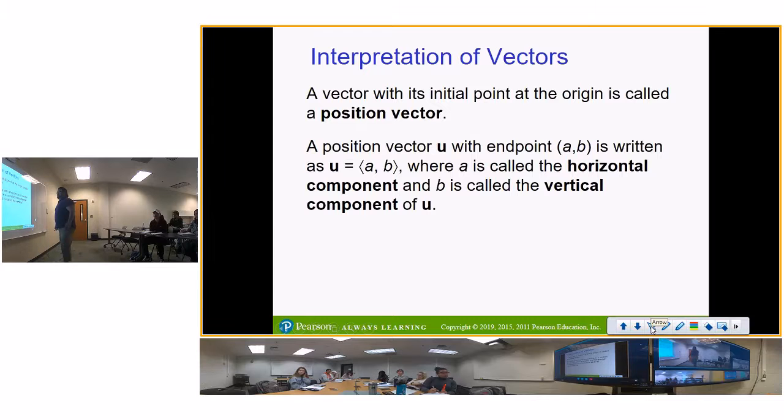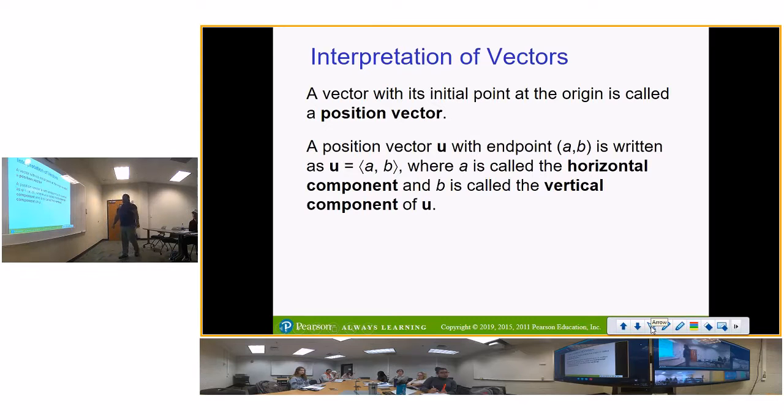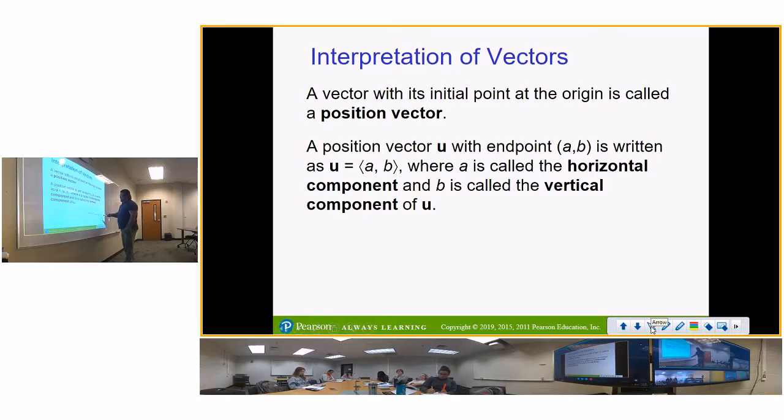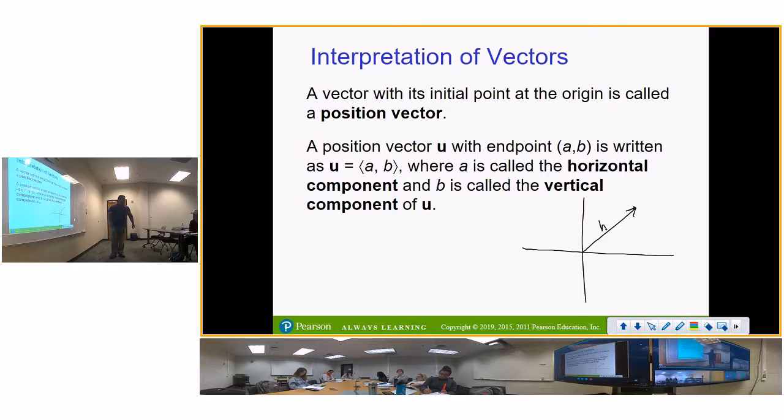Anyway, where A is called the horizontal component and B is called the vertical component. Okay, now this is where you get into r sine theta and r cosine theta. Basically what they're going to be showing you is when you have a vector, a position vector, it can be broken up. This is basically the hypotenuse. And you can break it up into its x component and its y component.